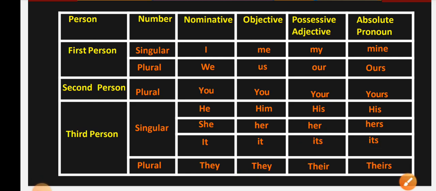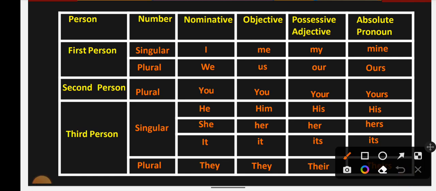And what is possessive adjective? Possessive adjective, as the name suggests, is an adjective, and you all know an adjective is a word which is used to modify any noun.